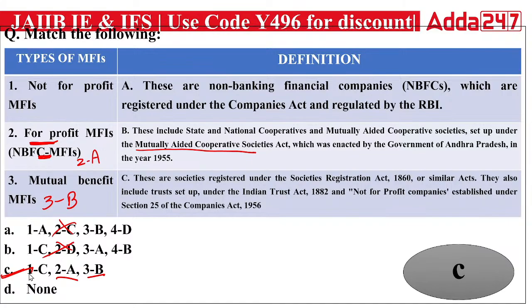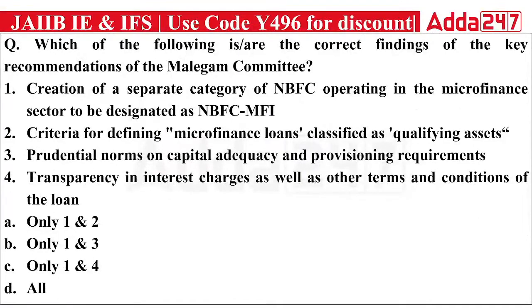Now the next question we have, so do remember all three types of self-help group models as well as all three types of microfinance. Now the next question is related to the Malegam committee. Which of the following are correct findings or key recommendations of the Malegam committee?